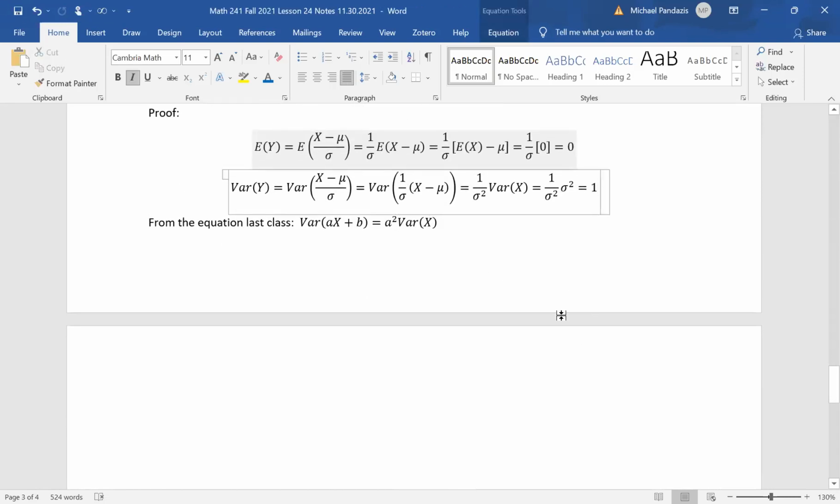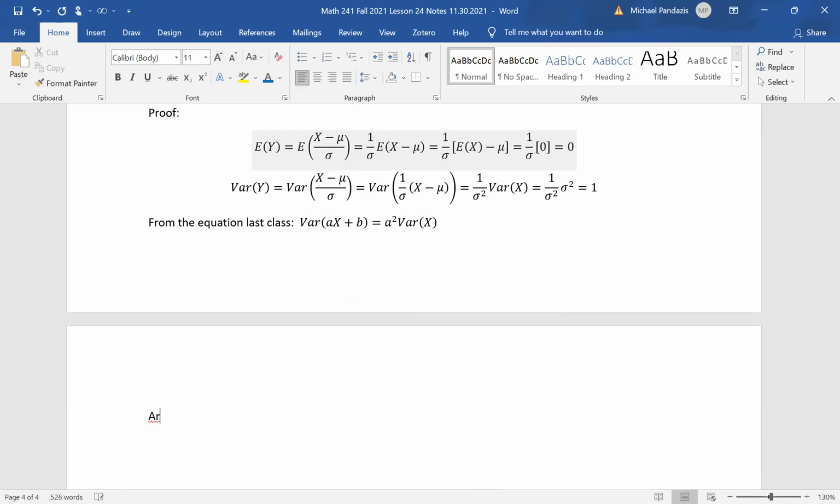Okay, so we now have that a random variable with mean equal to 0 and variance equal to 1 is in standard form. When you have a random variable with mean 0 and variance 1, that random variable is in standard form.